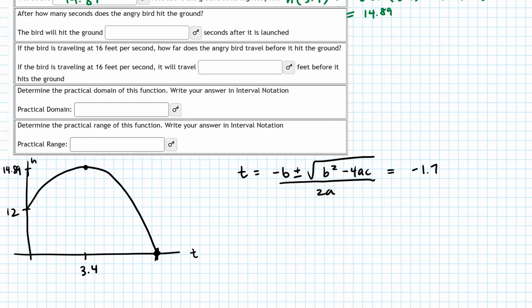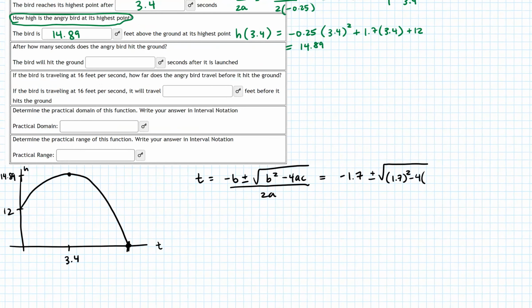So let's go ahead and fill in those values. We know that b is 1.7. So 1.7 squared minus 4 times a, which is negative 0.25, times c, which is 12, all over 2 times a. Now, if you throw that into your calculator, you should get two different answers.